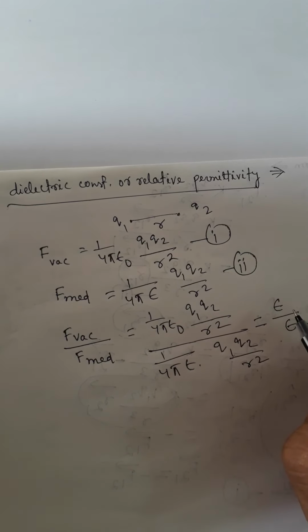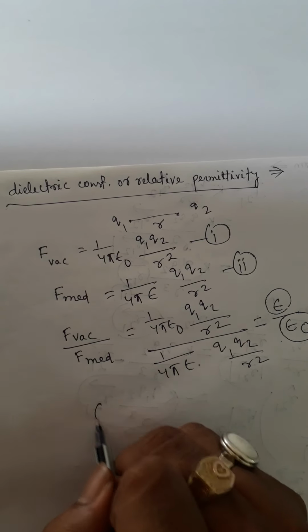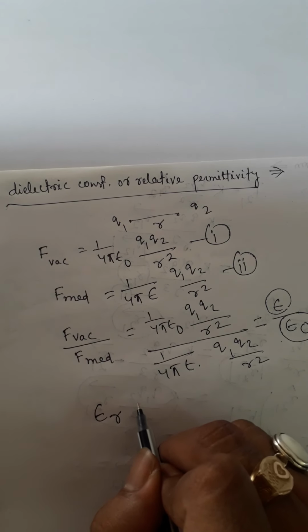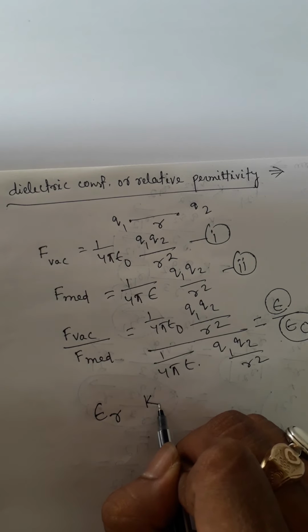So the ratio of permittivity of a medium to the permittivity of free space is called relative permittivity, or it is dielectric constant K of the given medium.